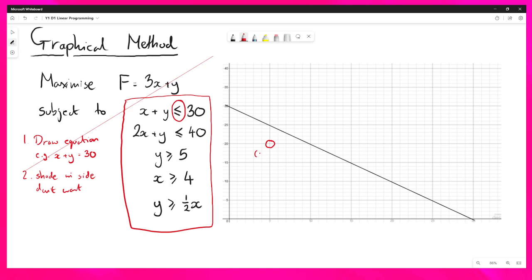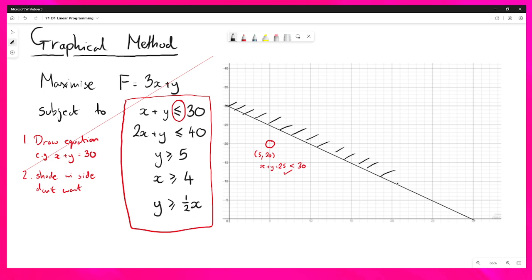So we can see here I've picked the point (5, 20), x plus y is 25, which is less than 30. That satisfies this inequality, so this point is feasible, which means we need to shade the other side, like this.